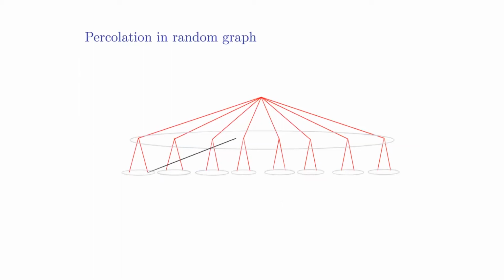First of all, let me look at this vertex and its neighborhood, and let me try to recover this black edge.